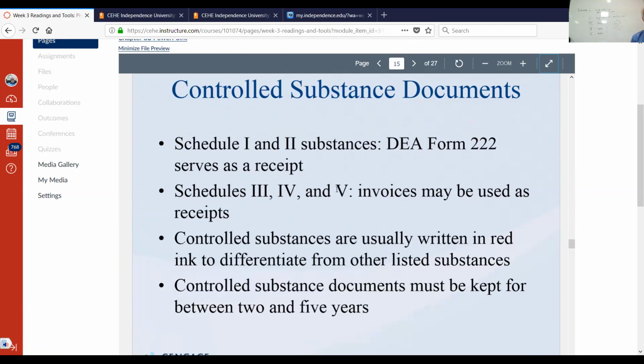But since the reporting requirements for Schedule 2 are so stringent, most pharmacies will do at least weekly inventories and reconciliation of reports. The hospitals used to be a place where there were really problems. Medical people are more likely to abuse drugs because they're exposed to them.